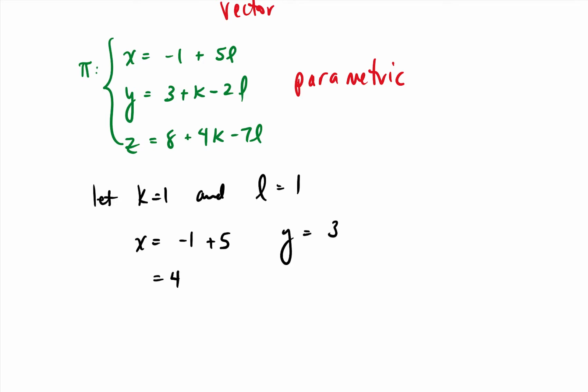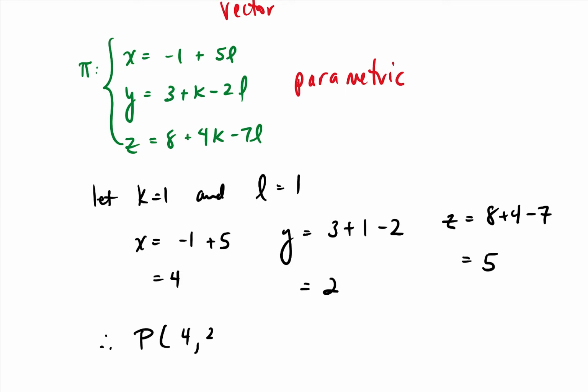Y is equal to 3 plus 1 minus 2, which is equal to 2. And z is equal to 8 plus 4 minus 7, which is equal to 5. So therefore, another point on this plane would be 4, 2, and 5.